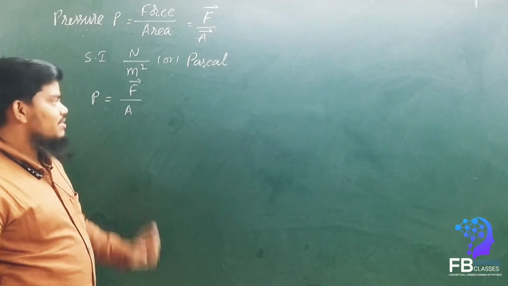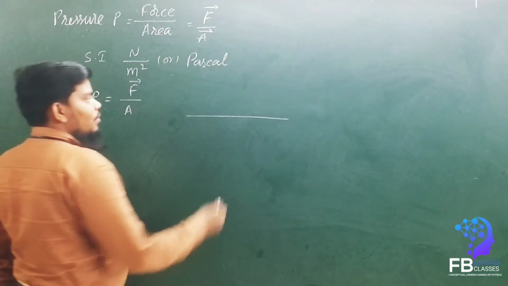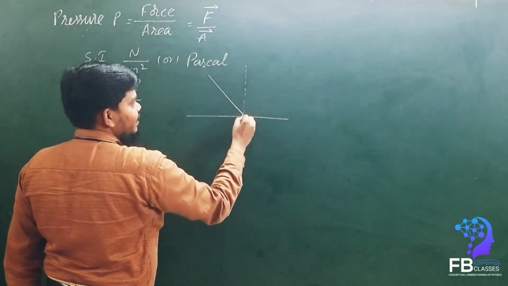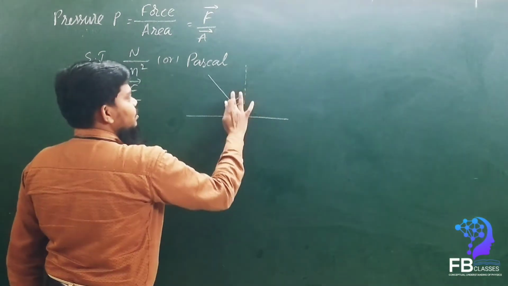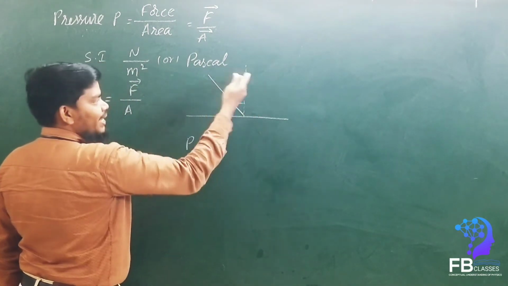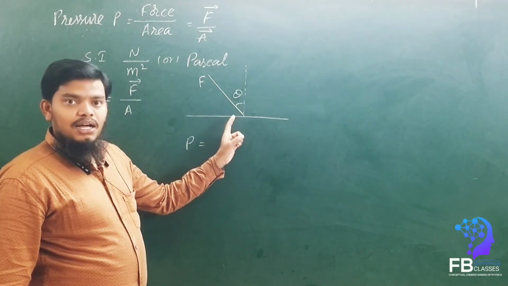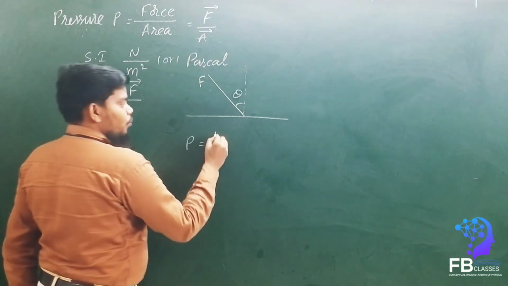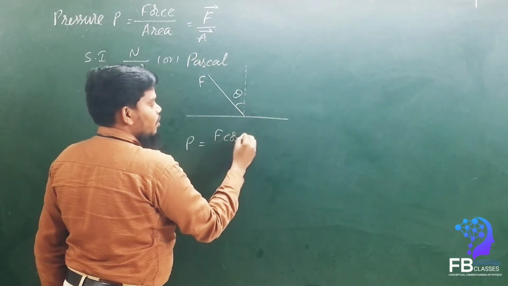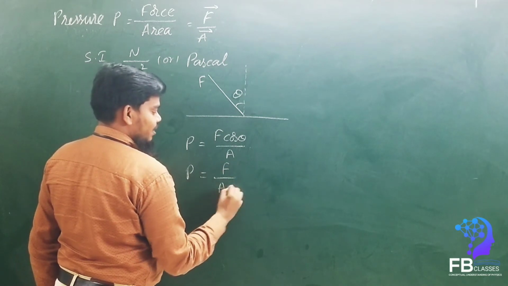For example, if the area is there and I apply the force at an angle theta with the vertical, then the pressure is given by the perpendicular component of the force, F cos theta, upon area. Or P is equal to F by A cos theta.